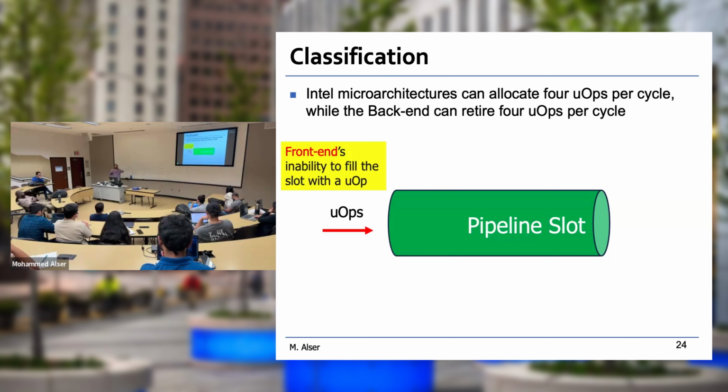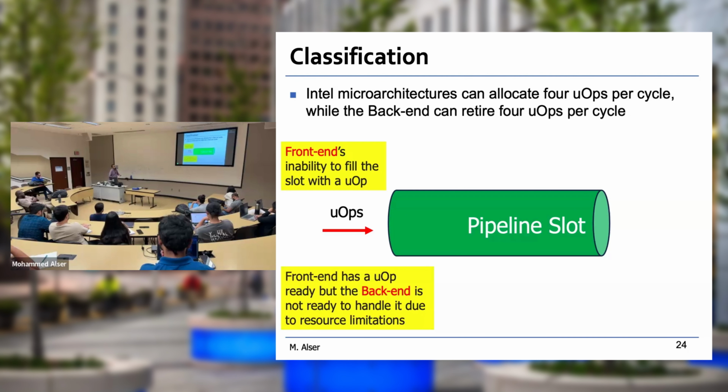If it is a data operand obtaining or executing, that is a backend. So it could also be a backend problem if I have resource limitation, meaning that memory is busy or the core itself is busy. I cannot execute the instruction. All of those reasons can make the operation outside the pipeline slot.